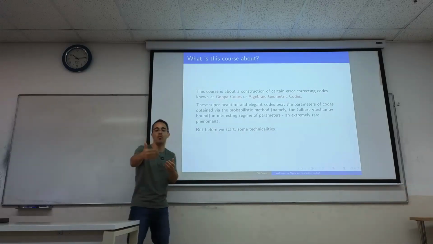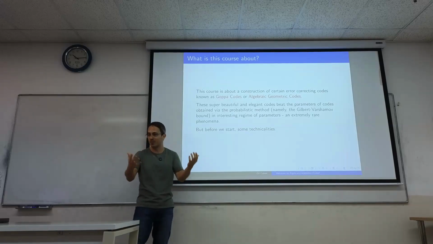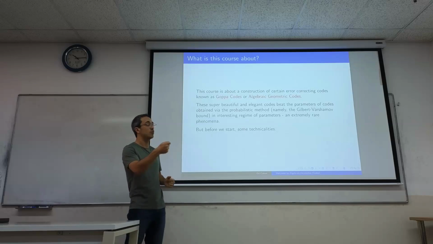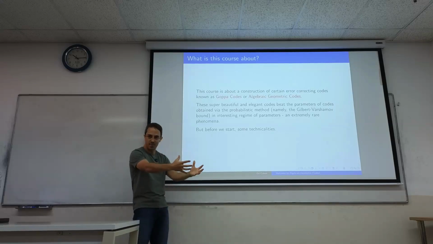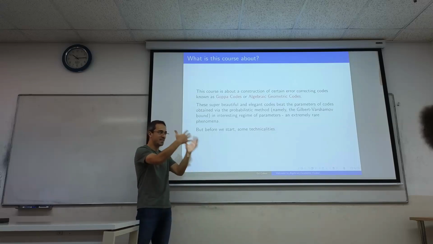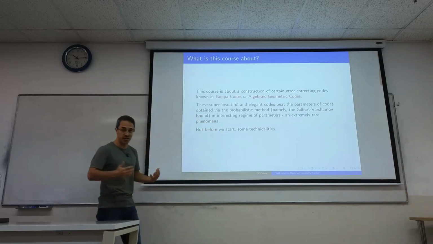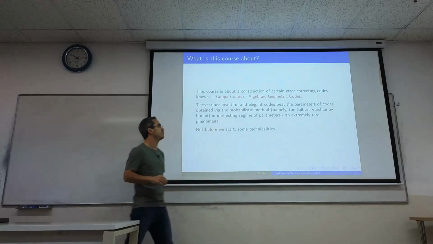It proves the existence of some object, and in that it also tells us what the parameters are that we may expect, like the size of the object or whatever. But it's kind of annoying because it doesn't give you a construction. So you don't have a way of describing an object that has the same parameters that the probabilistic method guarantees to exist. In the mathematics world, it's an ineffective proof technique.